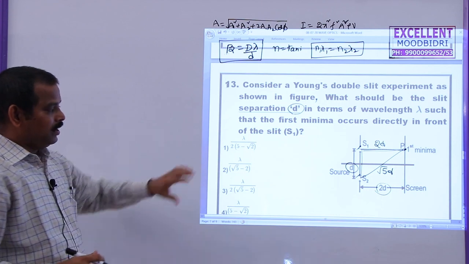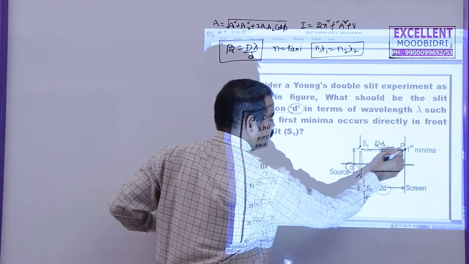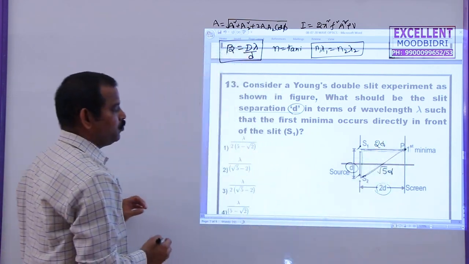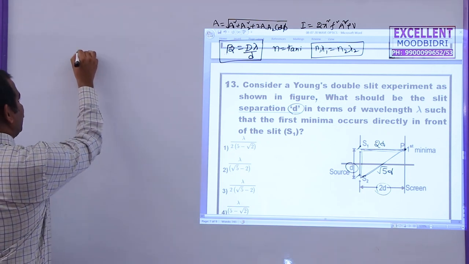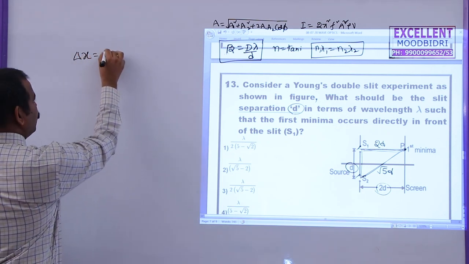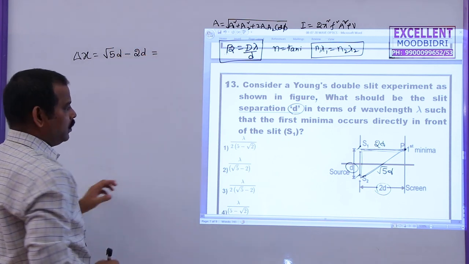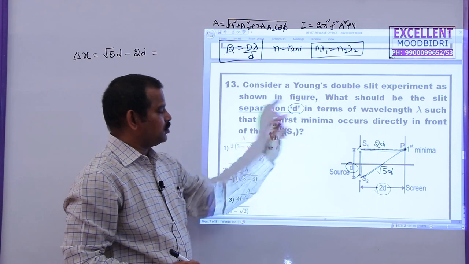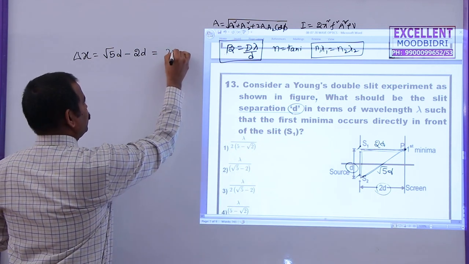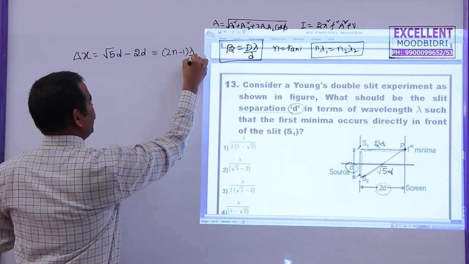Now, what is the path difference between this wave and this wave? That is root 5d minus 2d. But path difference for first minima is given by (2n minus 1) into lambda by 2.